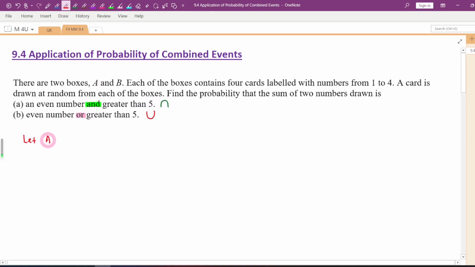Let event A be an event of getting the two numbers which their sum is equal to an even number. The sum of two numbers is an even number.